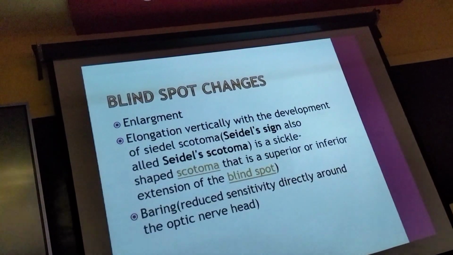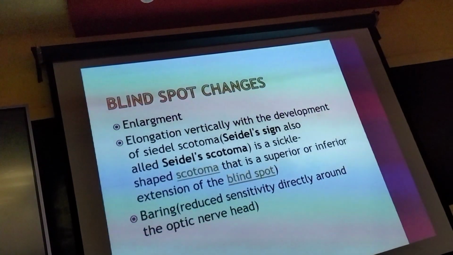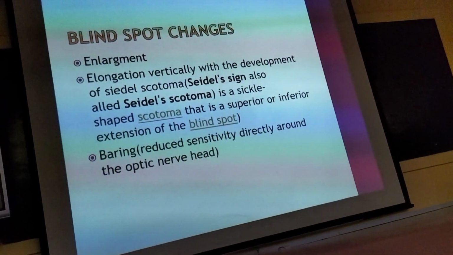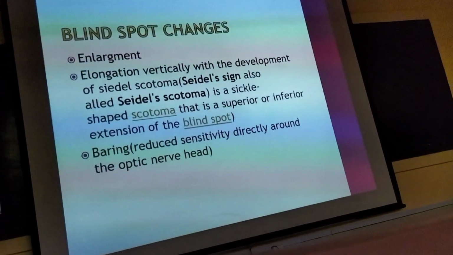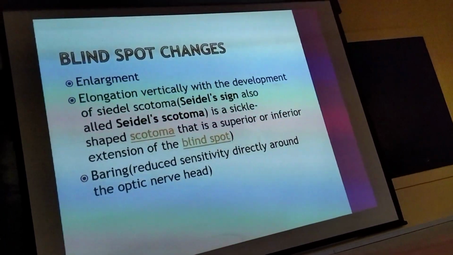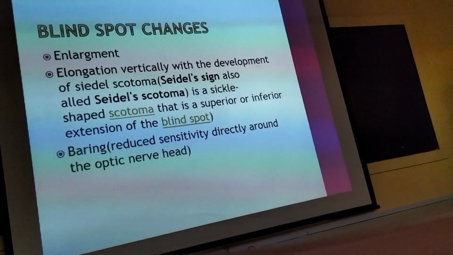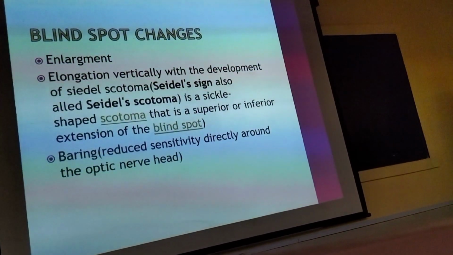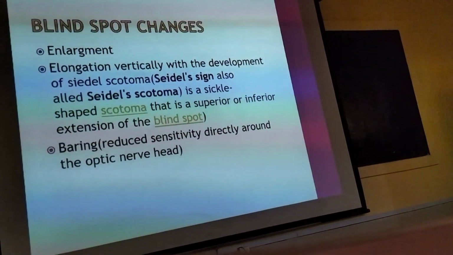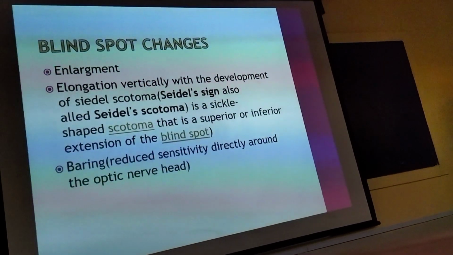Until and unless the glaucoma reduces their vision, they do not come to us. It's only the literate, educated, well-conscious people who come in this earliest stage where we can control the glaucoma and it has not yet affected the vision.